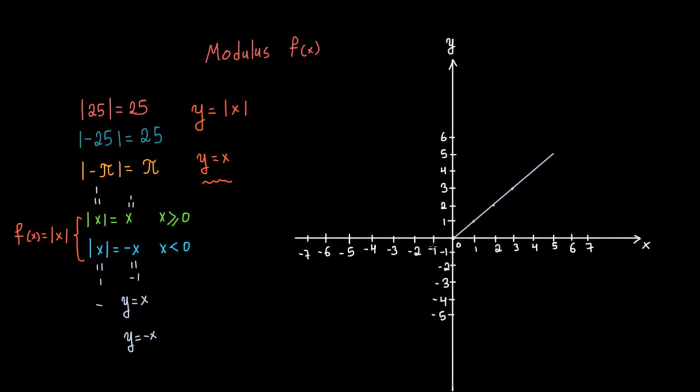So when x is equal to minus 1, it's still going to be 1. When x is equal to minus 2, it's going to be 2. When x is equal to minus 3, it's going to be 3. And let's draw this graph. Something like this. And this is the general graph of the absolute value function.